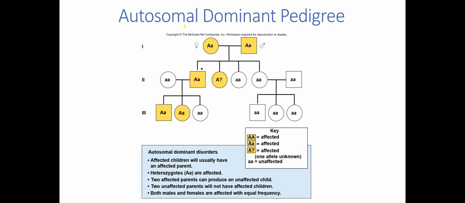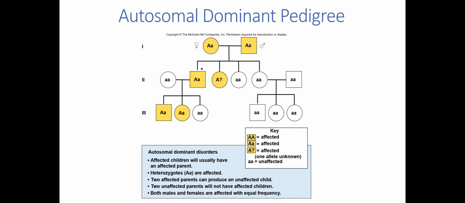All right, some autosomal dominant traits. Remember that to be dominant, you can either be heterozygous or you could be homozygous. And so in this case here, the reason that this is a question mark is because we really don't know. This girl here could be a capital A, because she could have gotten capitals from her parents, or she could be capital A, lowercase a, and we really don't know what that second one is.